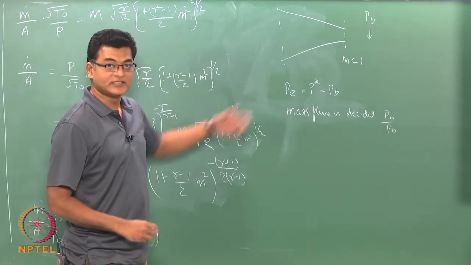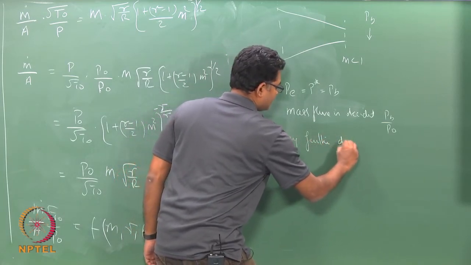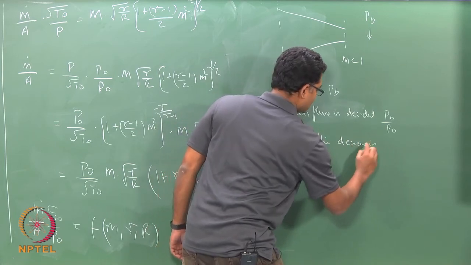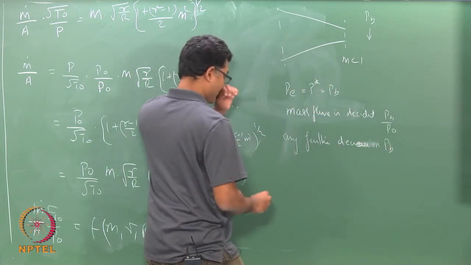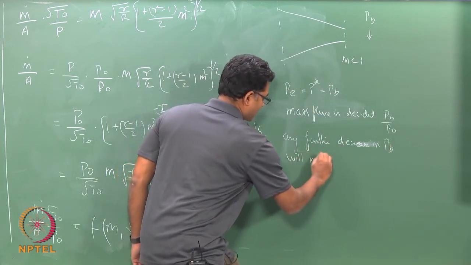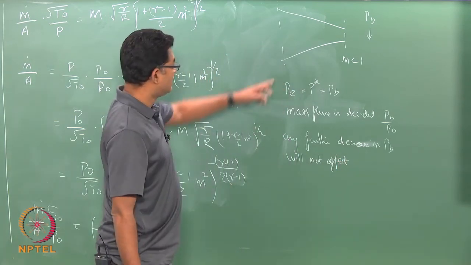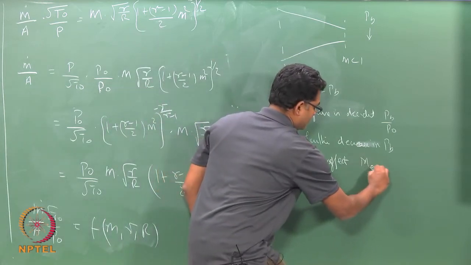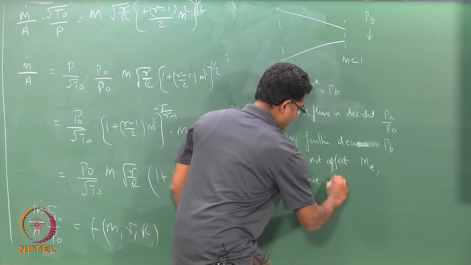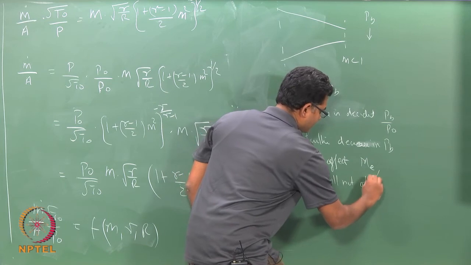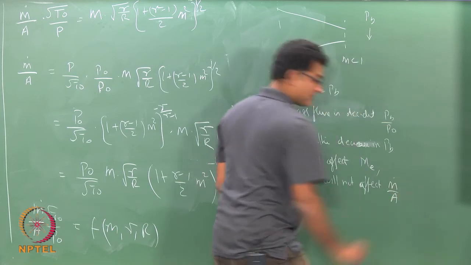But once it has reached this stage, any further decrease in PB will not affect the exit Mach number, and hence will not affect my mass flux.